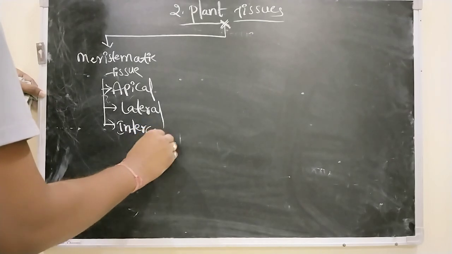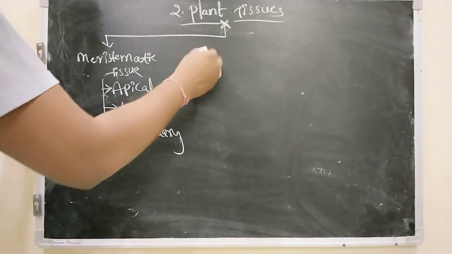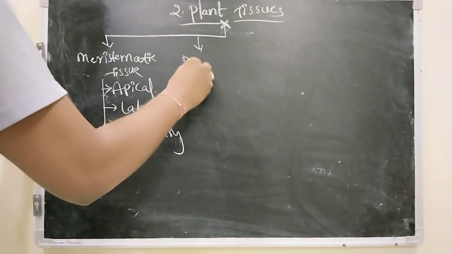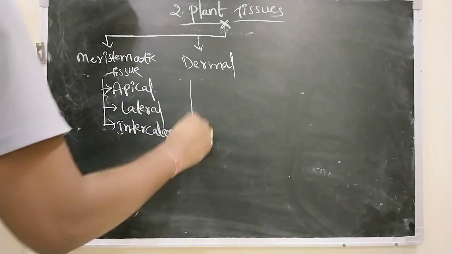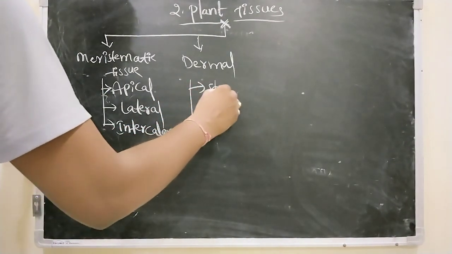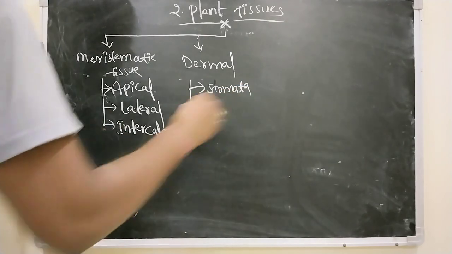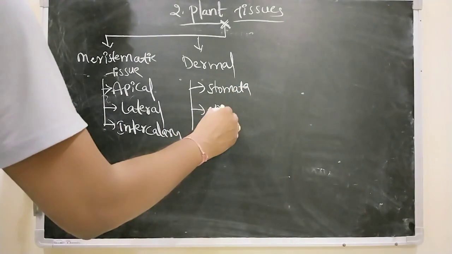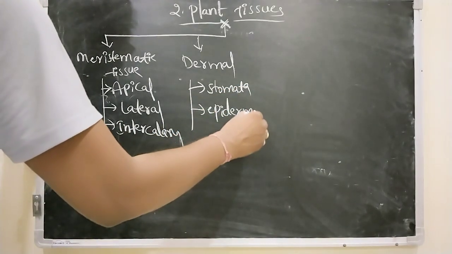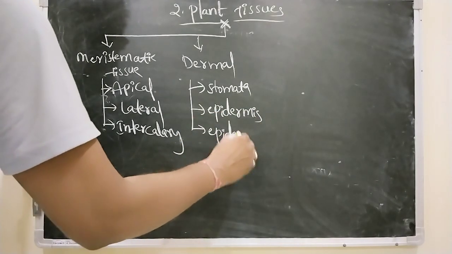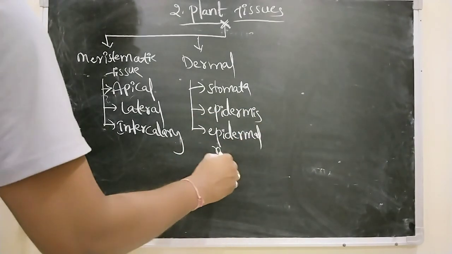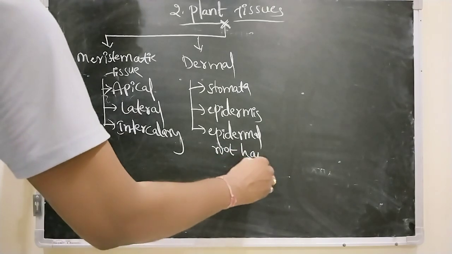Next, dermal tissue. This dermal tissue consists of stomata, epidermis, and epidermal hairs or root hairs.